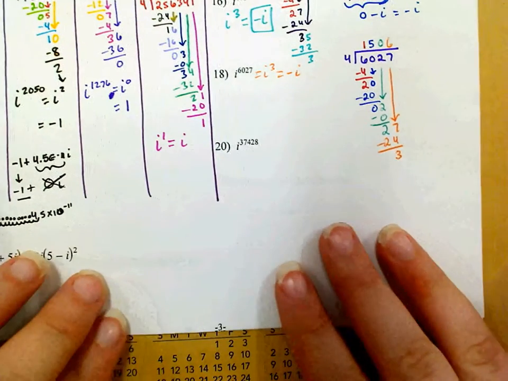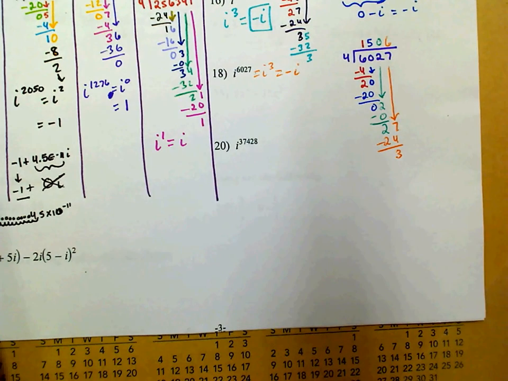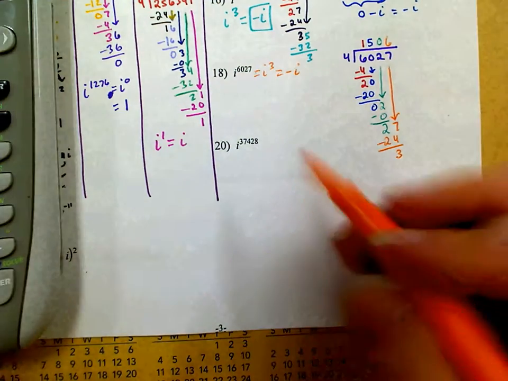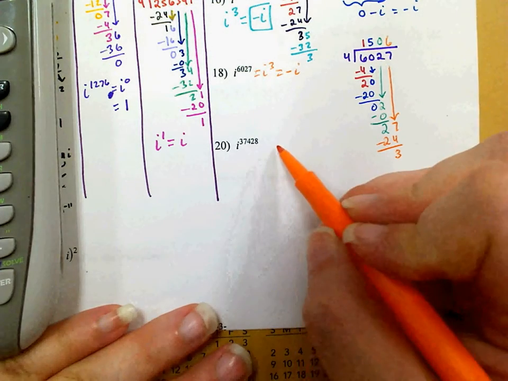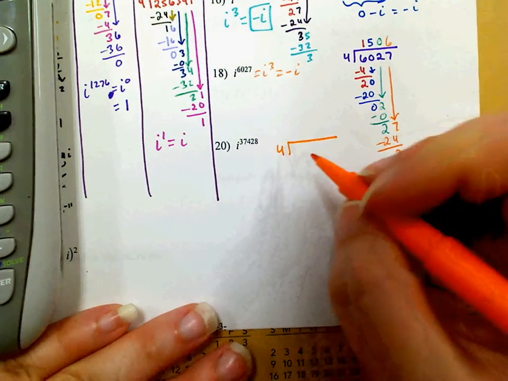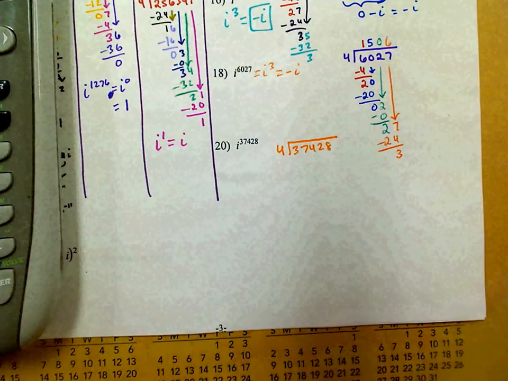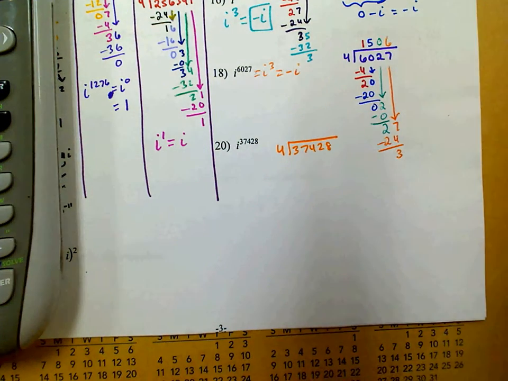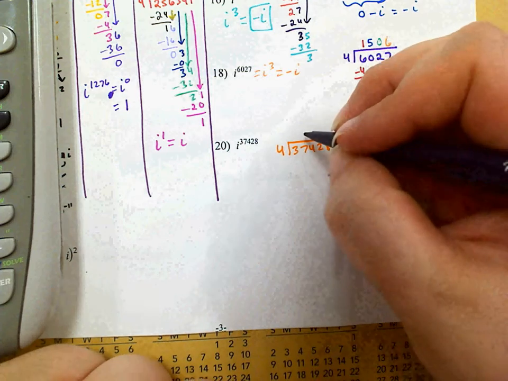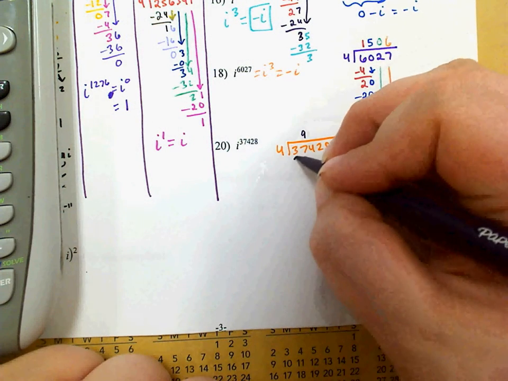So last one of this type, I've got I to the 37,428. So let me divide that. 4 goes into 37,428. 4 does not go into 3, so 4 goes into 37 9 times, because 4 times 9 is 36. Subtraction, I've got 1.